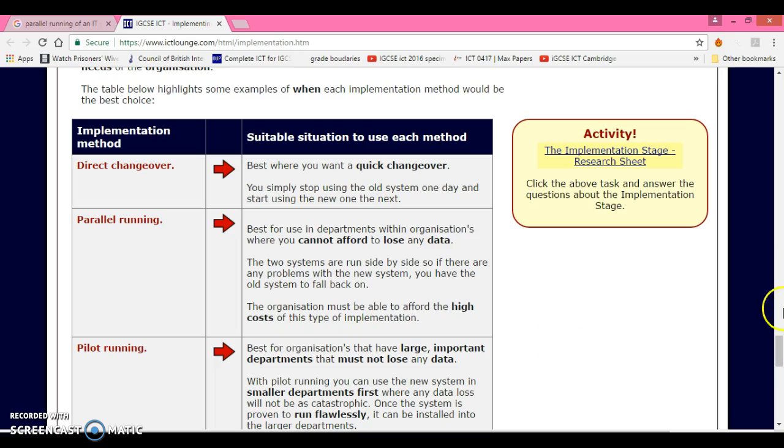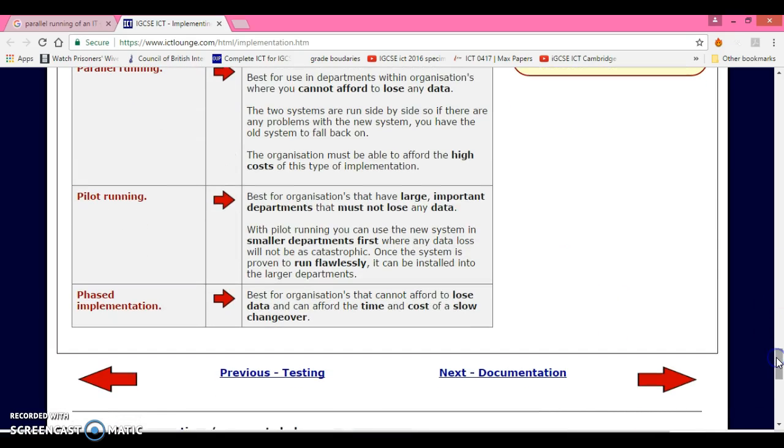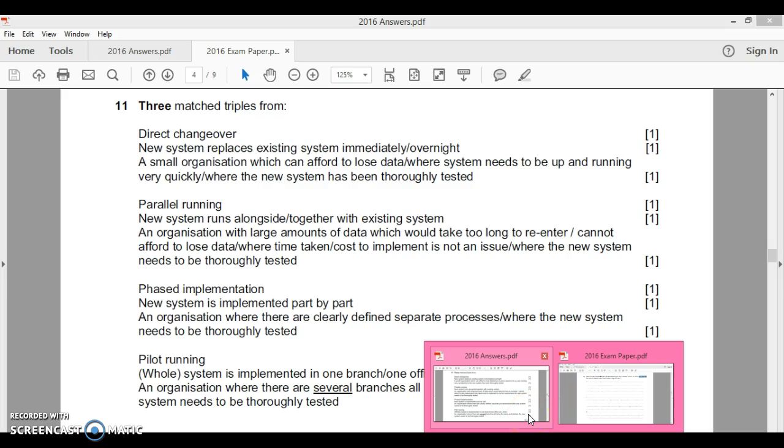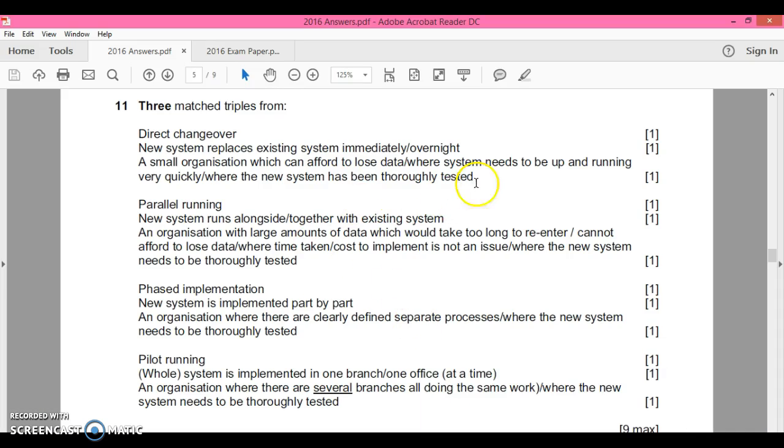Now we can read through those on Teach ICT, but I think it might be a good idea if we look at the answers here. I don't usually want to do this, but it may be a bit clearer. You can see you get 1 mark for each point. Direct changeover, as we said, is when a new system replaces the old system immediately, overnight.